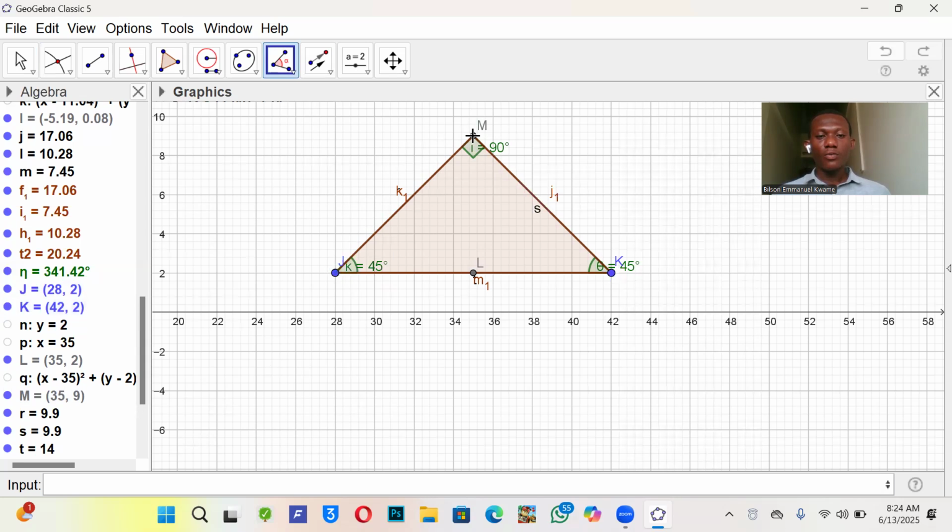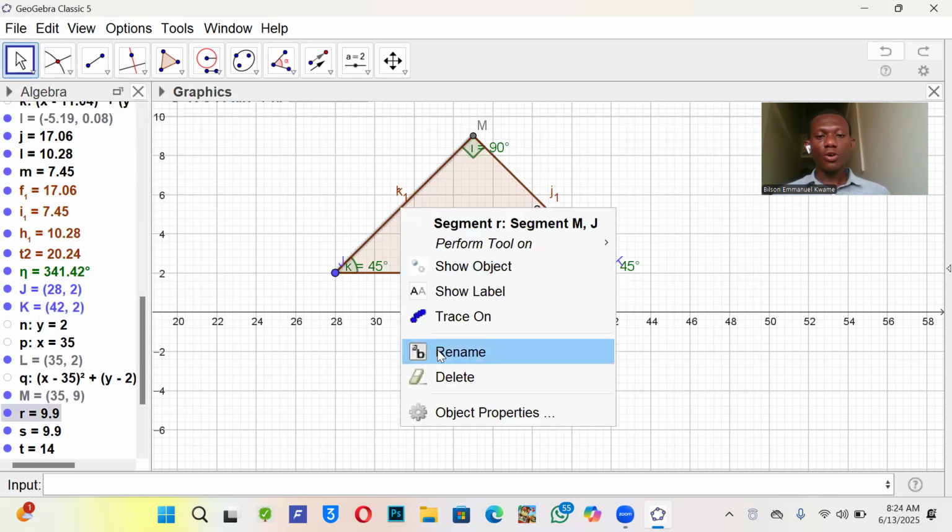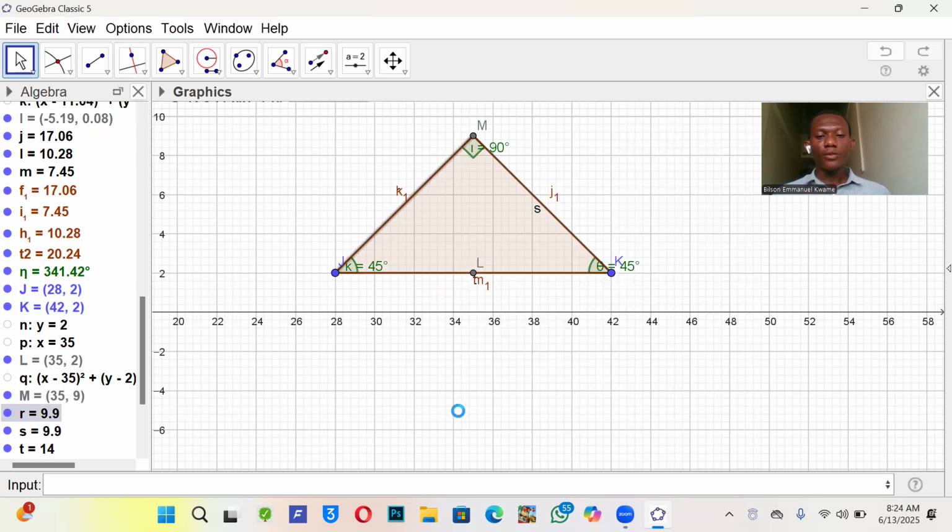You can see that we have two of the interior angles being equal. If two of the interior angles are equal, it means that this length and this length are equal. So this length, we can show object properties to get to know the length of that side.